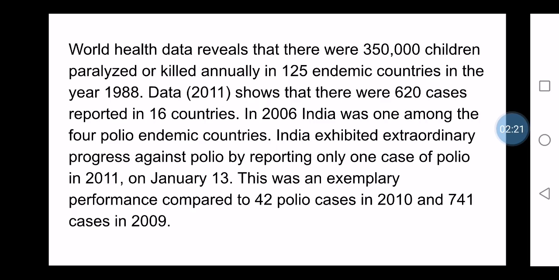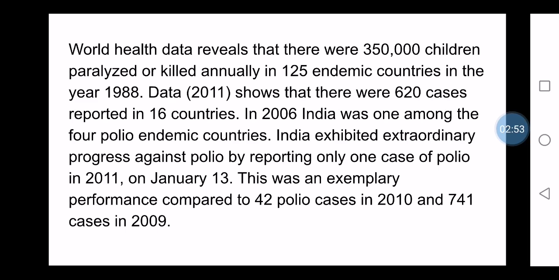If we look into the data, the World Health data reveals that there were this many children paralyzed or killed annually in 125 endemic countries in the year 1988. There is no need for you to study the statistics. I have just shown this so that you get the intensity of the disease. Around 125 countries were really affected, and we can see it was an endemic spread.